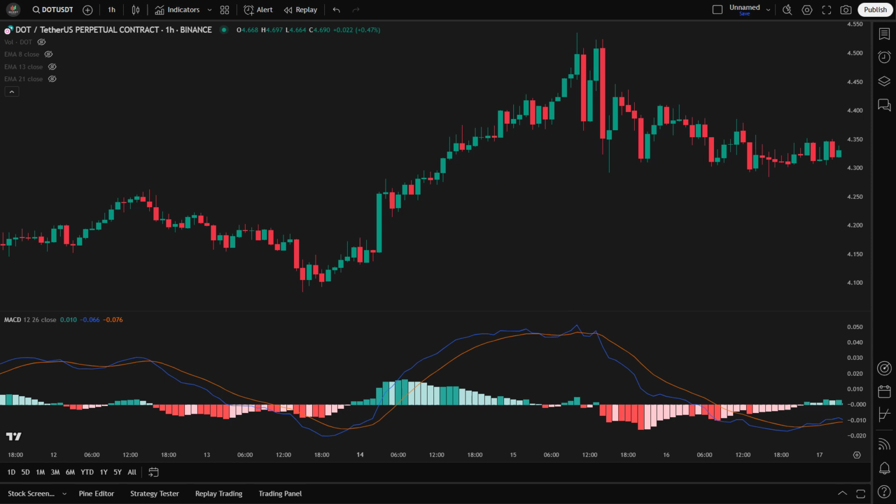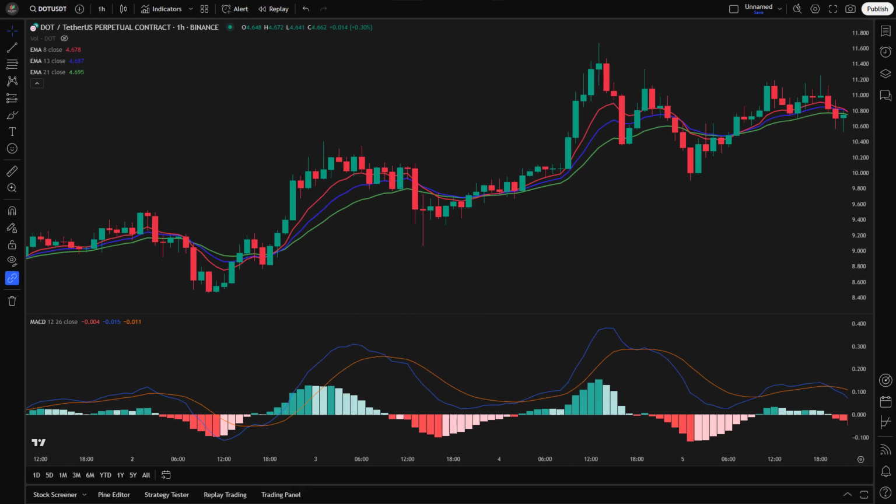Now that we understand the key indicators, let's go over how we'll use them to identify trade opportunities. To enter a long trade, we need all of the following conditions to be met. 1. 8 EMA crosses above the 21 EMA, a sign that short-term momentum is turning bullish. 2. 13 EMA crosses above the 21 EMA, confirms the transition into a stronger uptrend. 3. 8 EMA greater than 13 EMA greater than 21 EMA, a clear bullish structure where shorter EMAs are leading. 4.